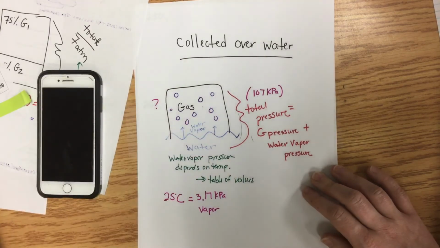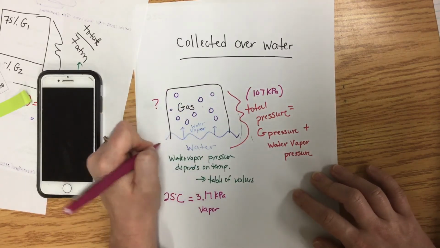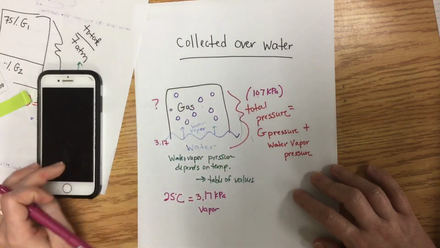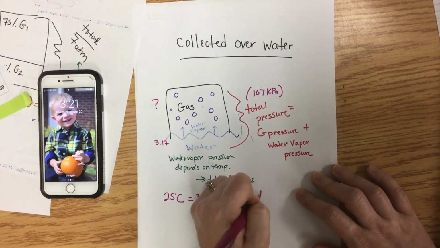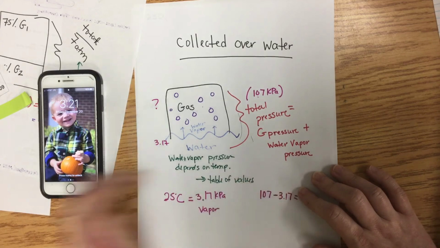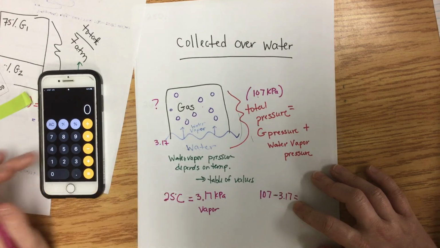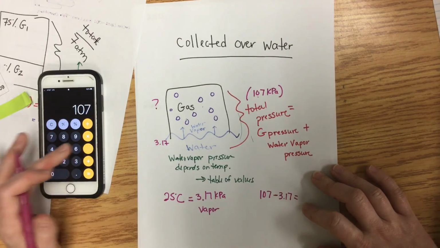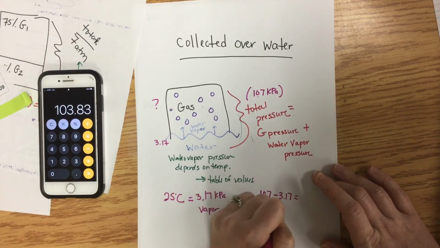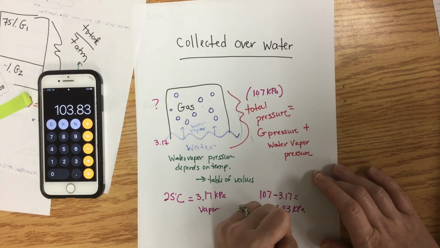We know according to Dalton's law that the total pressure is equal to the parts of the pressure. So if this is 3.17 and this is something, in order to add up to 107, I can say 107, the total pressure, minus the pressure due to the water vapor. So 107 minus 3.17 is going to give me 103.83 kPa for the gas.